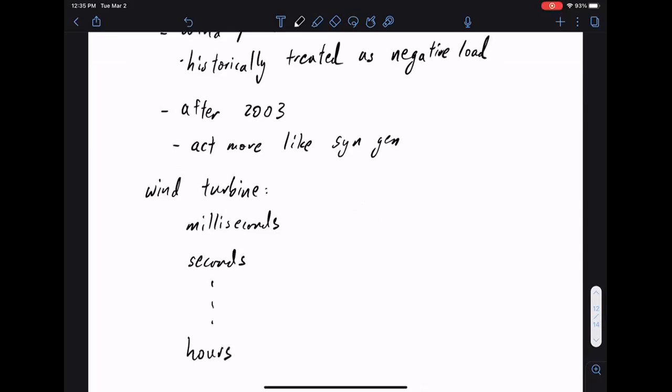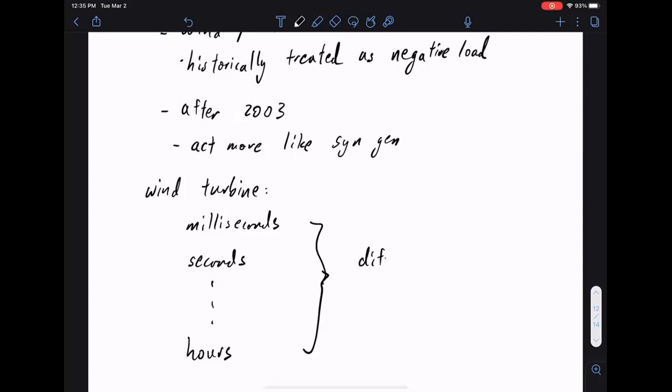Previously, if there was any fault on the system, let's say a fault for a millisecond, it was okay for the wind turbine to just disconnect from the system, just disappear from the system. Nowadays, our requirement is that the wind turbine must stay connected and operate through all these different time scales.